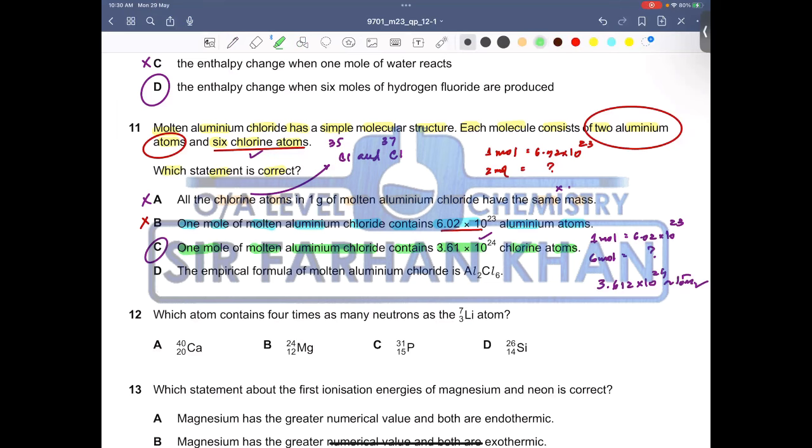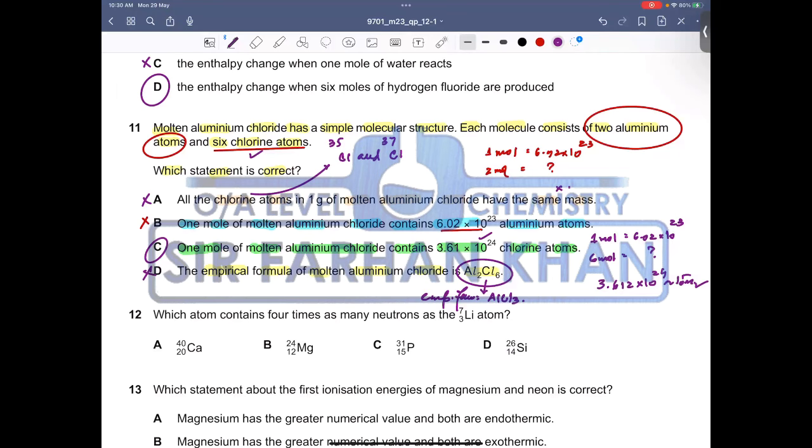Okay. Last but not the least, empirical formula for molten aluminum chloride is this. No, this is the molecular formula. If you want to calculate the empirical formula, half it. So half is basically AlCl3. So this is your empirical formula, and obviously this empirical formula doesn't reflect the answer. So it's incorrect, okay?